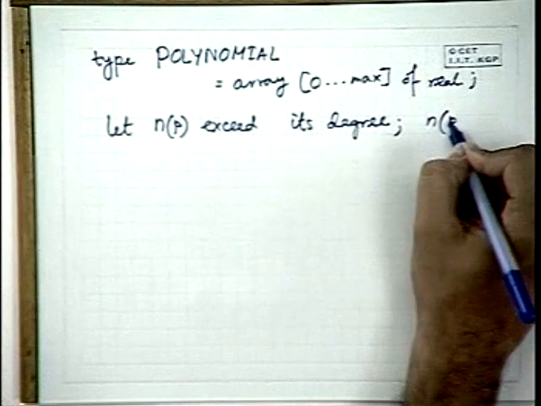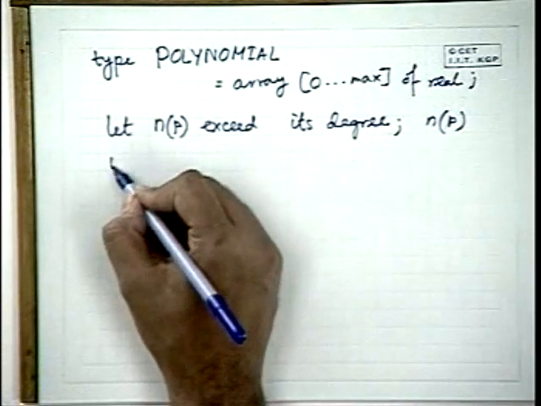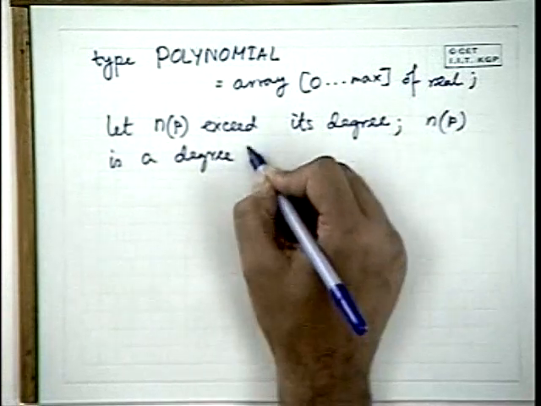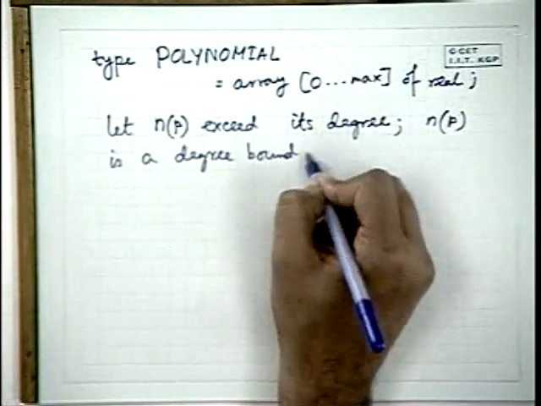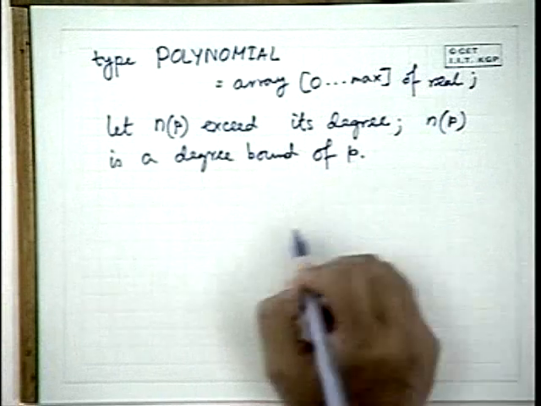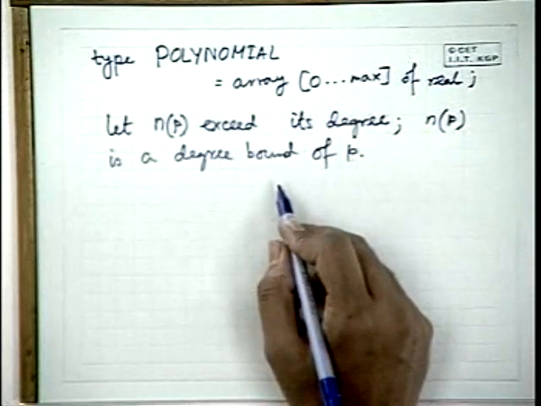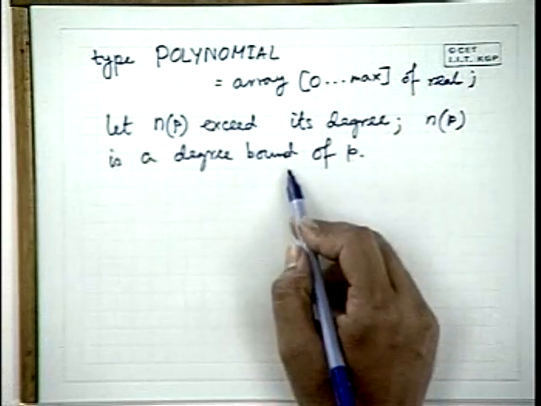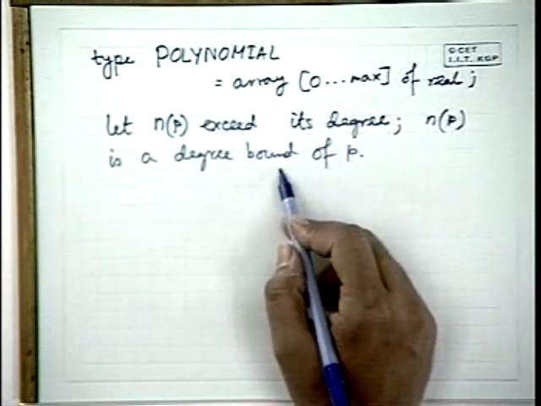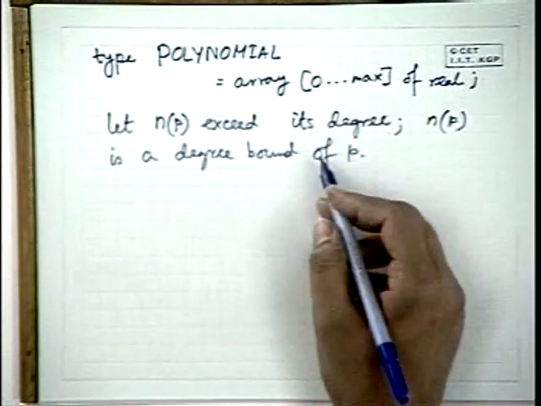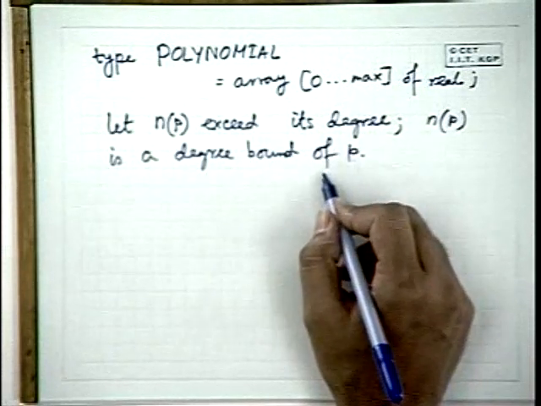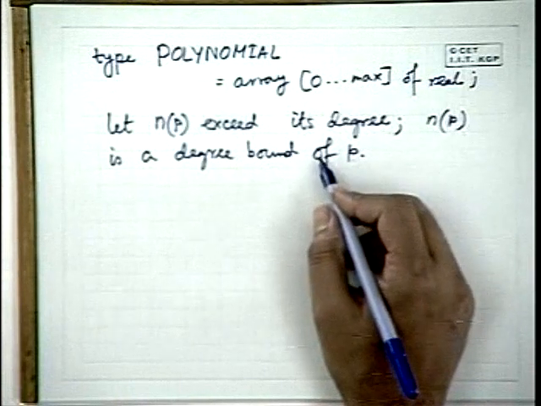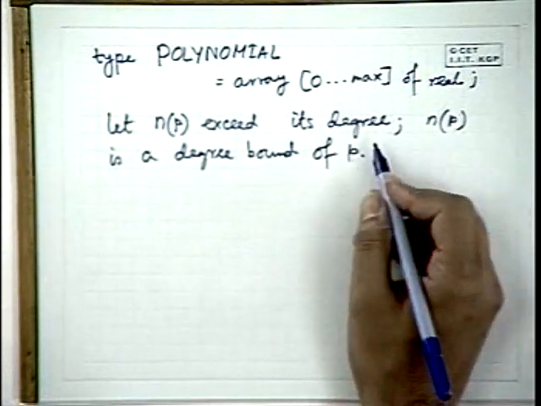Then np is called a degree bound of P. It is not precisely the degree of P; if a polynomial has degree n minus 1, the bound will be greater than or equal to n minus 1. This is done because all our algorithm complexities depend on the degree. So if we have an upper bound on the degree, we can express the complexity in terms of this degree bound.